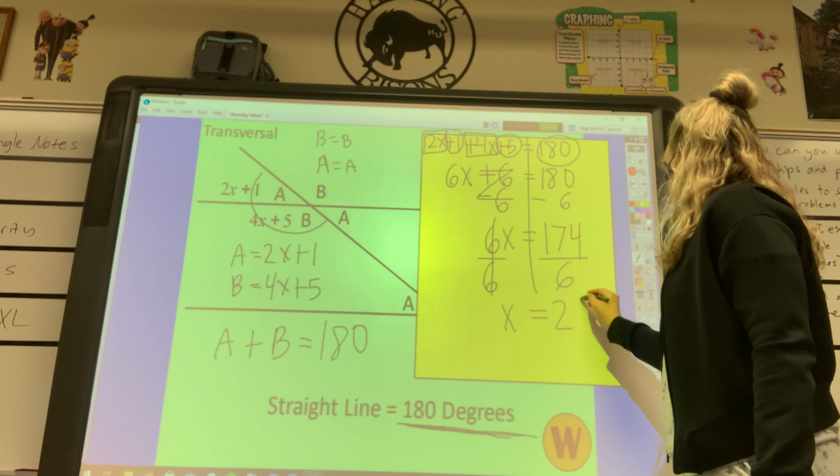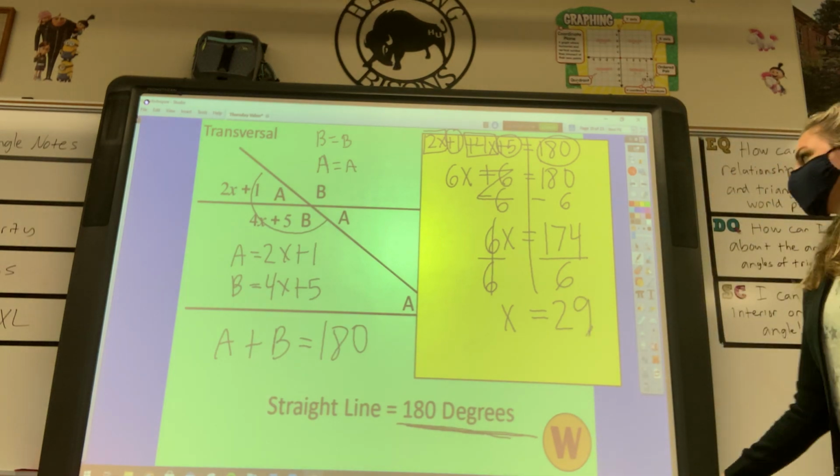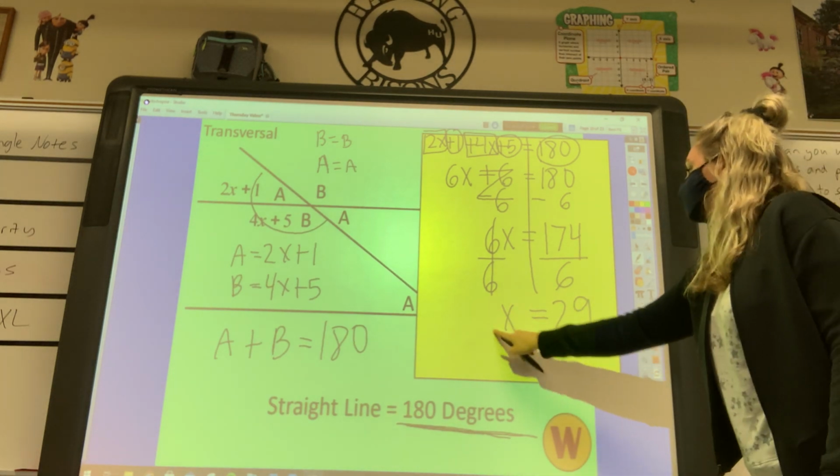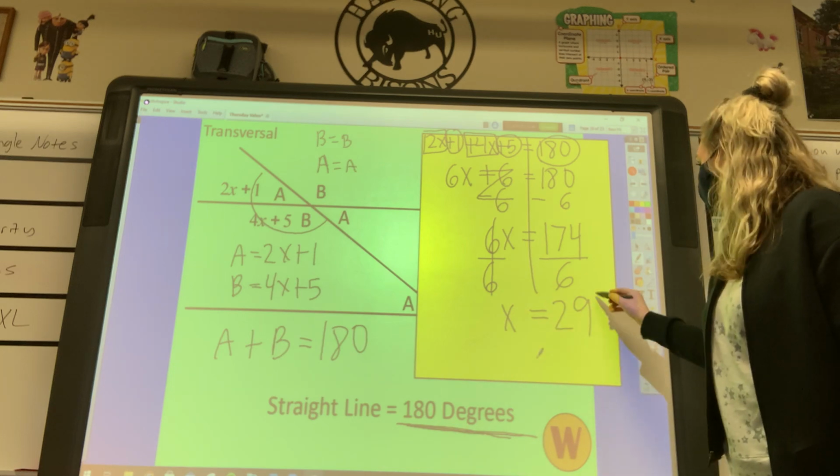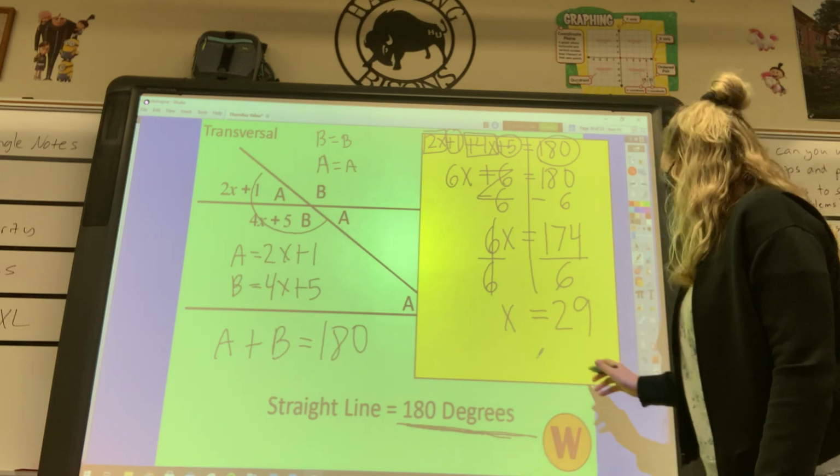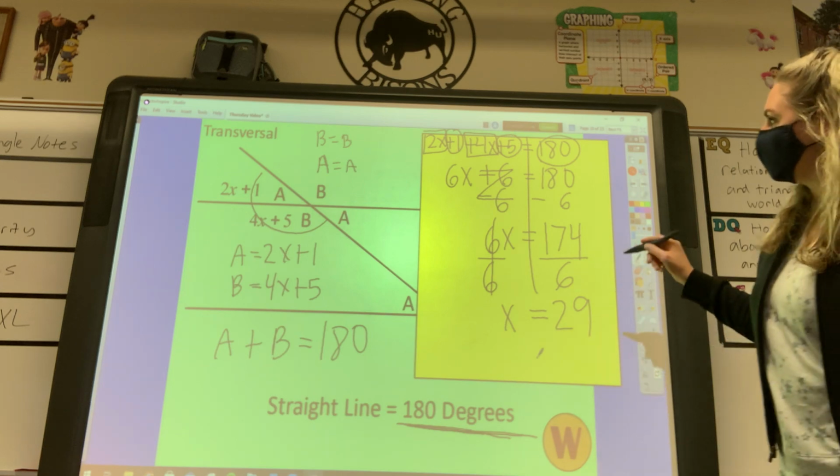29, thanks Mr. Campbell. 29. So the problem is this is not a degree measurement. What this is, is a variable that we can then use to substitute back in.